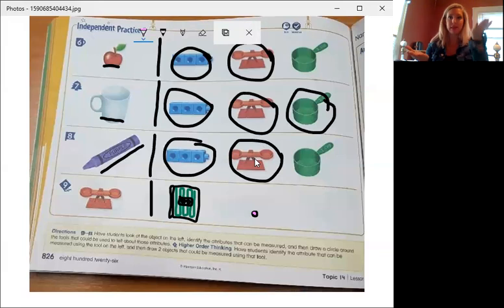Heavy, light. Measuring cup. This measures capacity. When you can pour something in or scoop something up, okay? And we can have more or less.